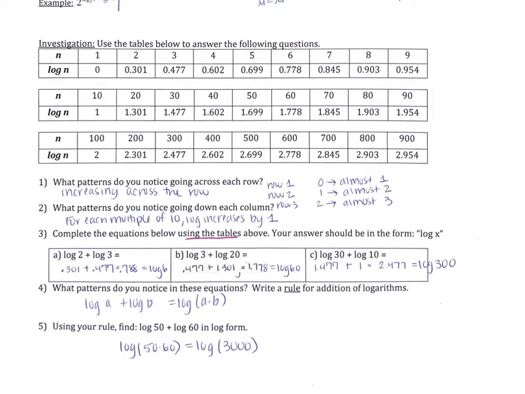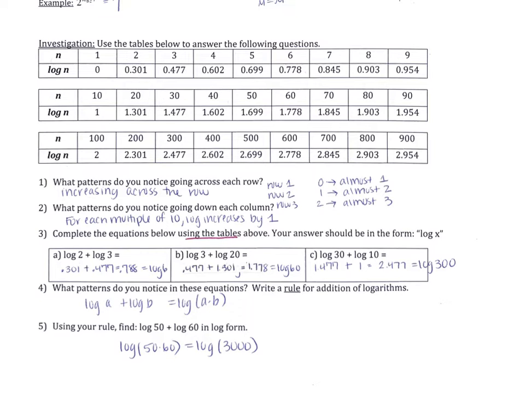So now 10 to 90, we're going from 1 to 2. And then lastly, another multiple of 10, 100 to 900, and then we're increasing the log again by 1. So 2 to 3.